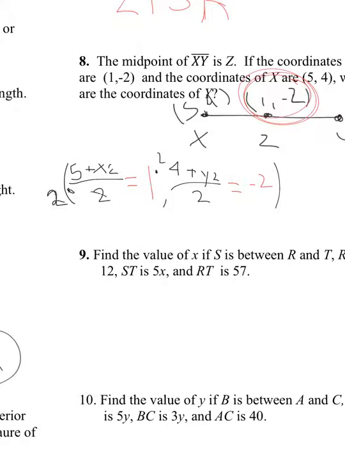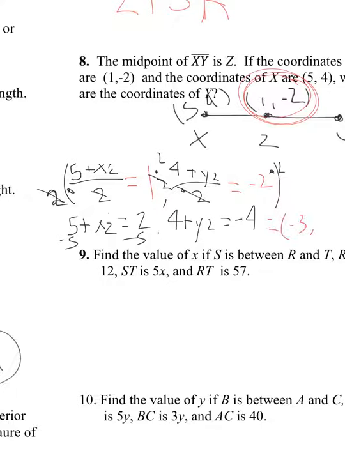because that's going to cancel this out to 1, and then you just have 5 plus x2 equals 2, since 1 times 2 is 2. On this side, same thing, times 2, times 2. That cancels, you get 4 plus y2 equals negative 4, and then minus 5, you're going to get negative 3, minus 4.